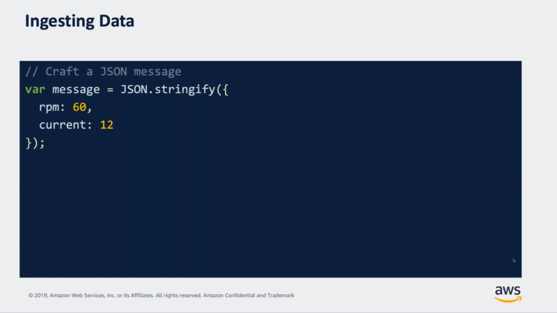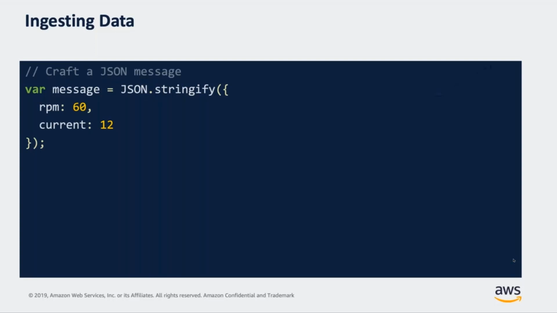Here we are using JSON, JavaScript Object Notation, objects to send the readings, revolutions per minute and current consumption readings, to AWS IoT.